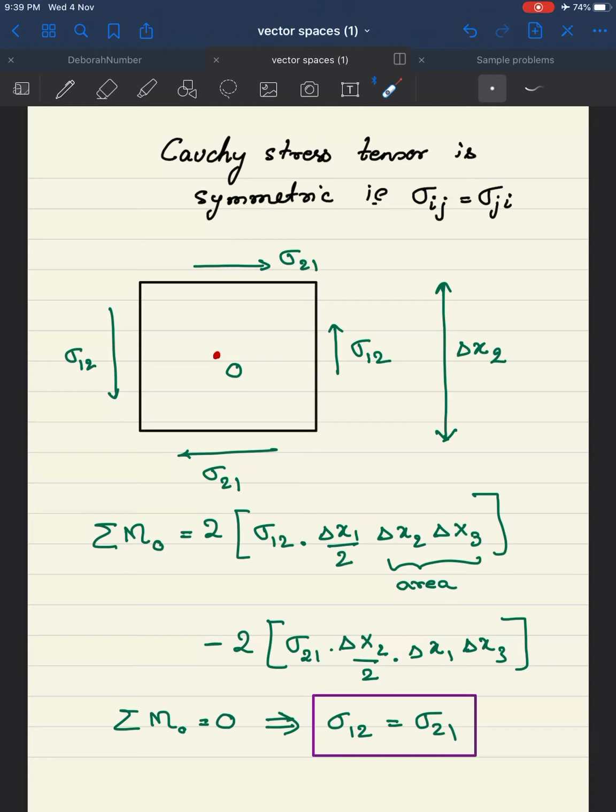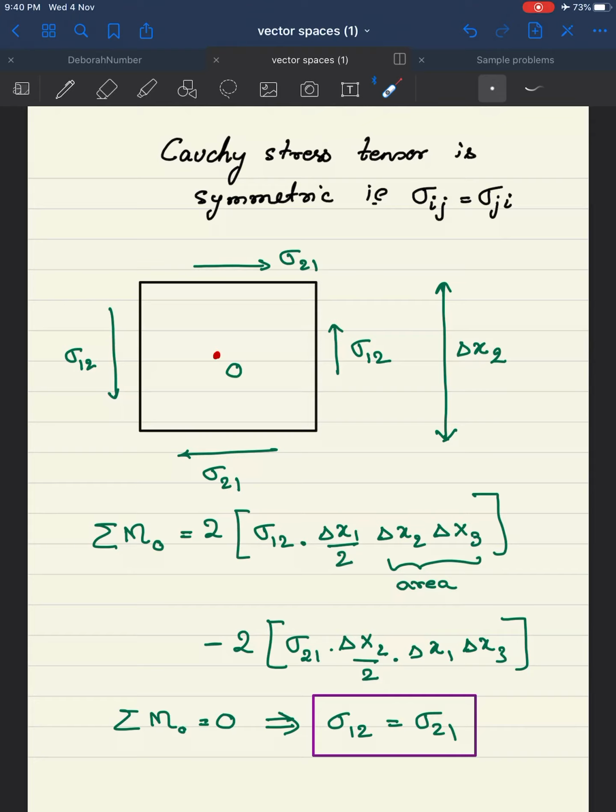And this moment is being balanced by the moment that is being created by these two forces, right? So again, we have minus 2 because of the same reason, sigma 2, 1 multiplied by these terms, which are all the same, and then you have to claim that the moment for this differential area has to be equal to 0. Why is that? Okay, this I am going to leave to you, so that I make sure you read, so I don't have to give everything out.